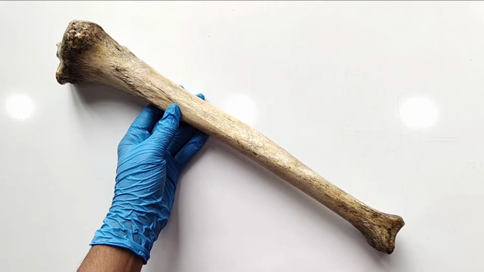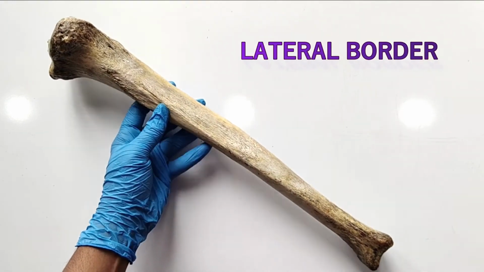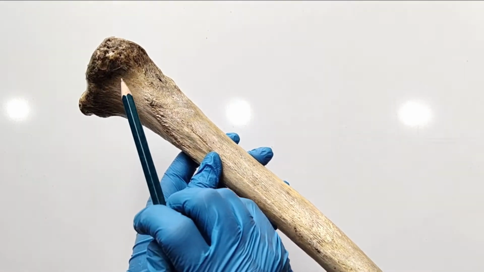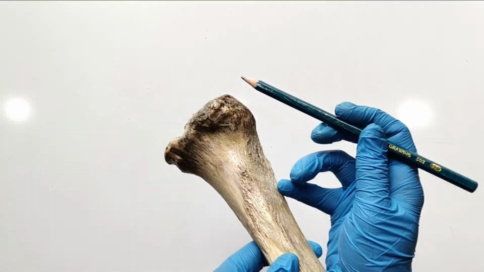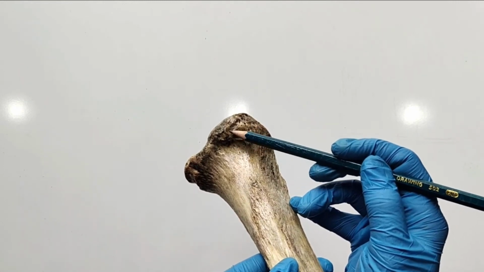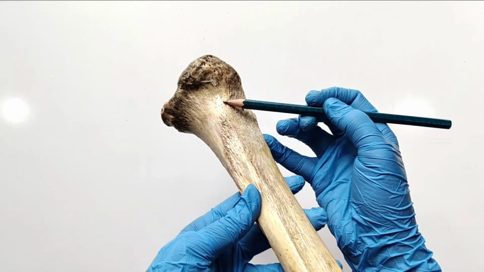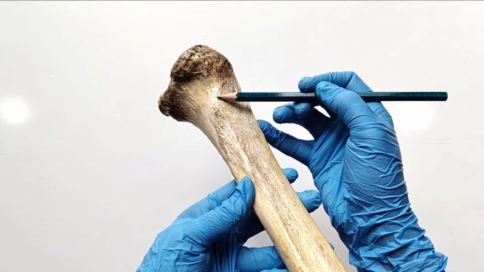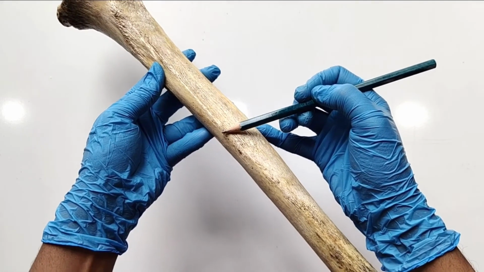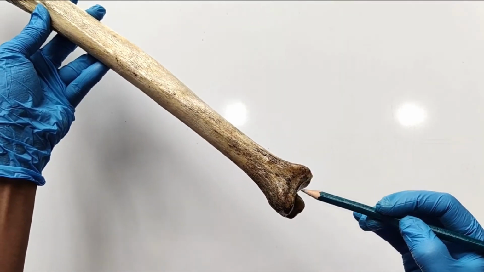Now next is the interosseous border. In the tibia, the interosseous border is the lateral border. The interosseous border begins from below the fibular facet. We have already seen the fibular facet, which is present in the posterior aspect of the lateral condyle. So, slightly below this small facet, the interosseous border begins and comes down, extending below to reach the anterior border of a notch present at the lower end.